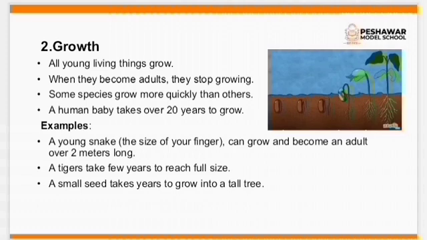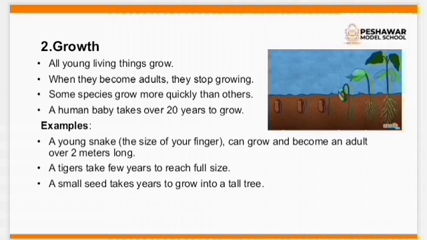In the range of 20 years, they get completely grown up, right? If I'm going to give you an example, taking the example of a young snake, the size of your finger can grow and become an adult over 2 meters long.